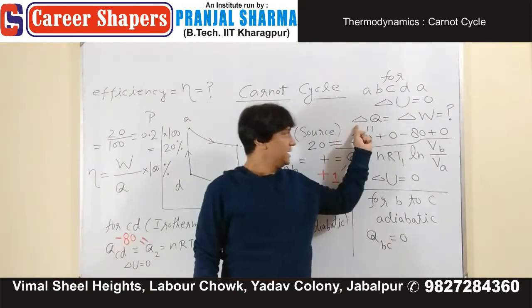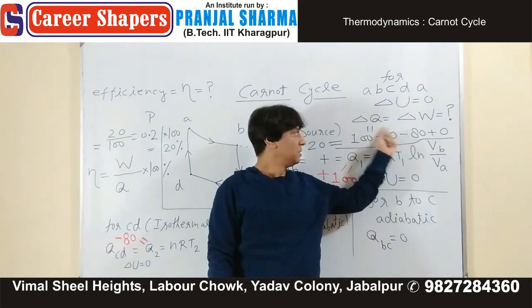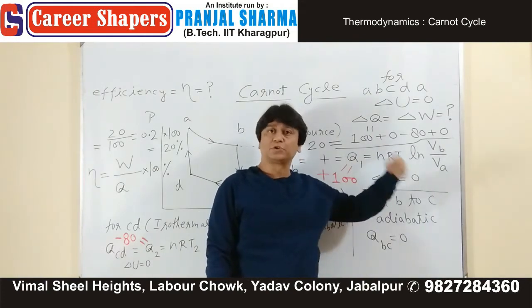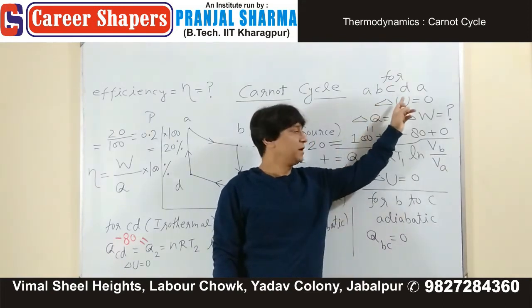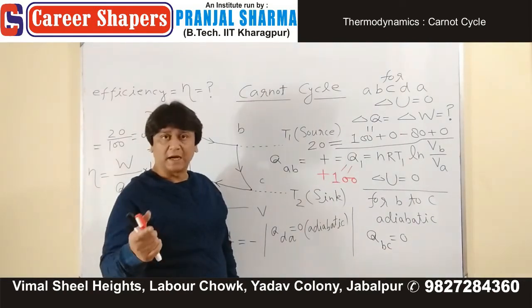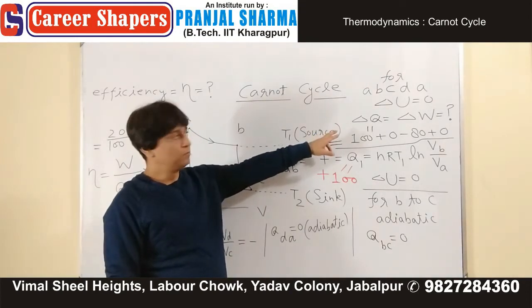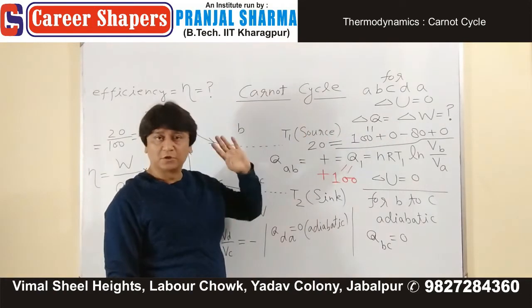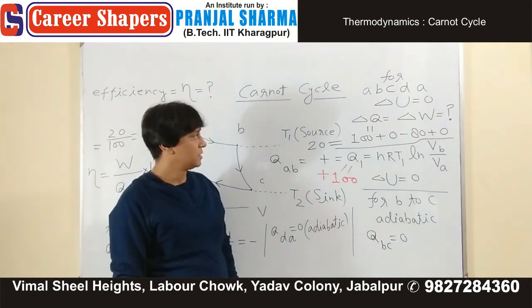Whereas delta Q for the entire process A, B, C, D, A represents total heat, inside the bracket accepted as well as rejected.